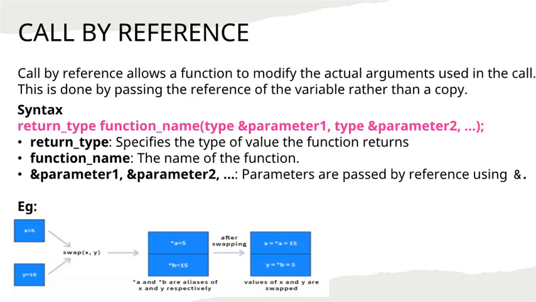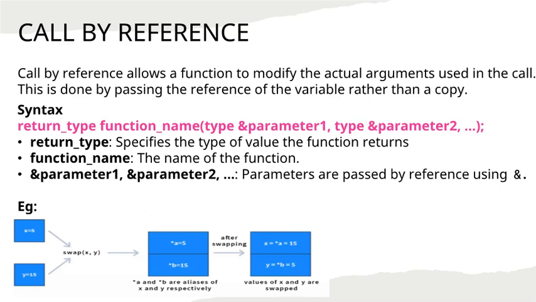In C++, passing parameters by reference allows functions to modify the actual variables passed to them rather than creating copies. This is achieved by declaring function parameters with the ampersand symbol indicating a reference to the original variable. For example, void swap integer ampersand a, integer ampersand b declares a function swap that takes two integer references.